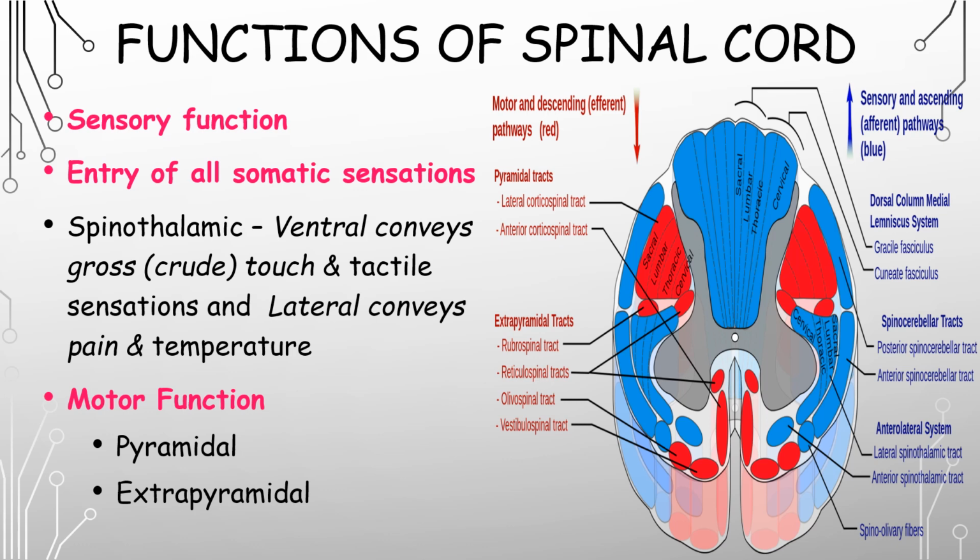That includes the vestibulospinal, tectospinal, rubrospinal, olivospinal and reticulospinal tracts. All these tracts come under the extrapyramidal tracts. The main motor functions of the spinal cord are the control of tone and power of the muscles, movements, and control of the reflexes, both the superficial and the deep reflexes.